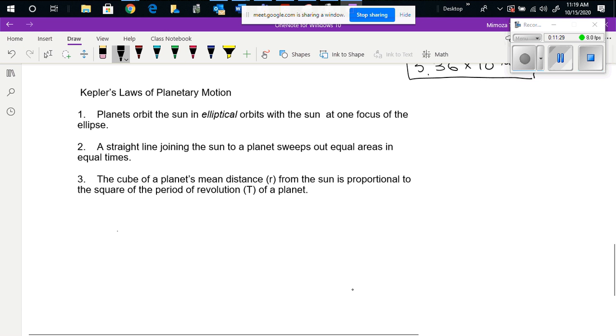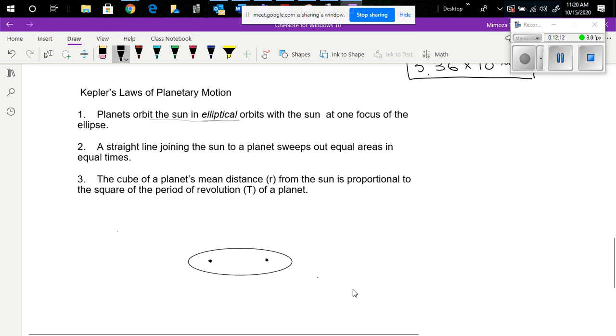Anyway, what the law states is that the planets are moving in an elliptical orbit, and an ellipse is something like this. It's a deformed circle, an oval, and the ellipse has two centers. If you press a circle from two opposite sides, then you will see a deformed circle, which is an ellipse.